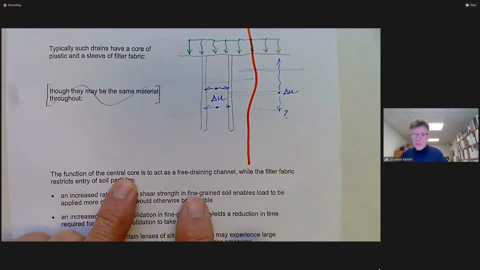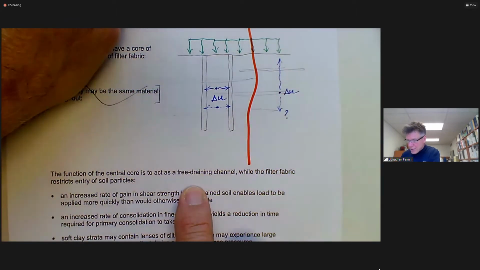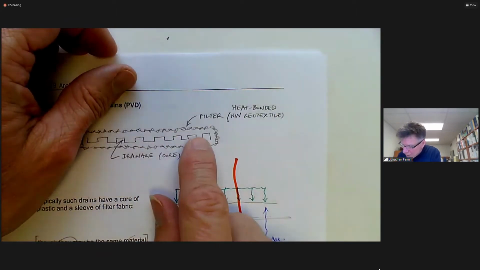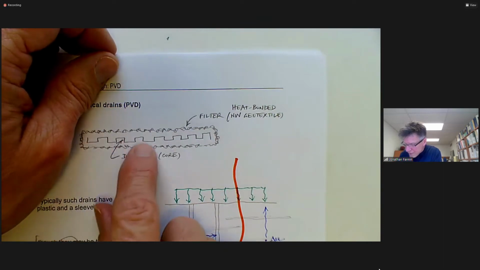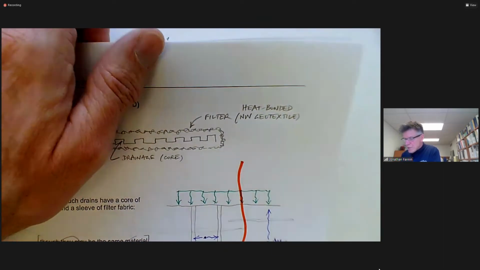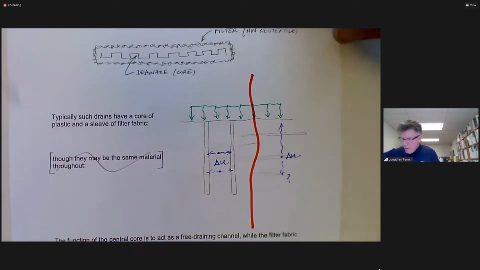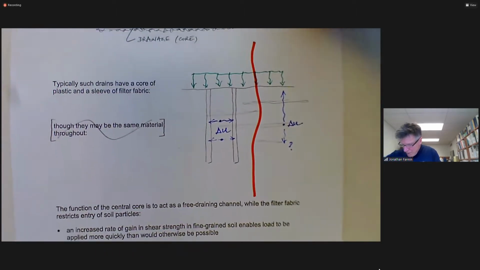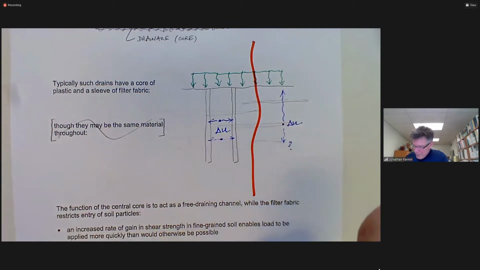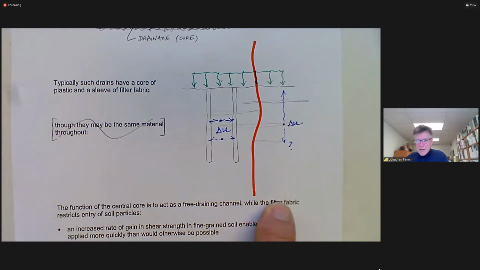The function of the central core is this free draining channel. Sometimes they may even have little holes drilled across them from side to side to promote the unimpeded flow of water through the drain. But we're anticipating that we've got this free draining core, and the filter on the outside, the filter fabric.